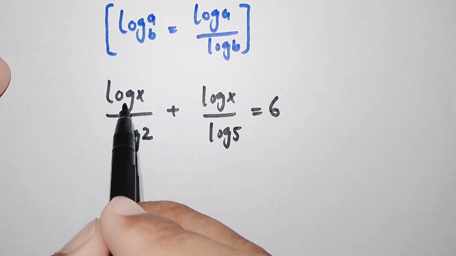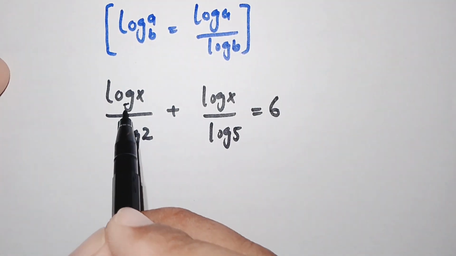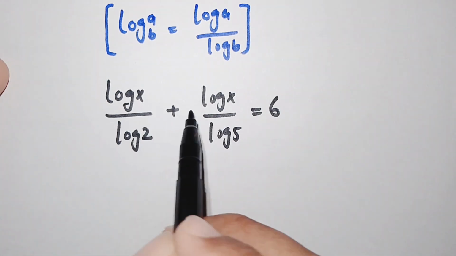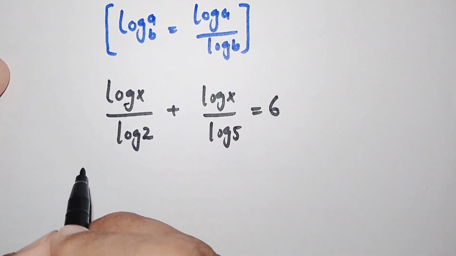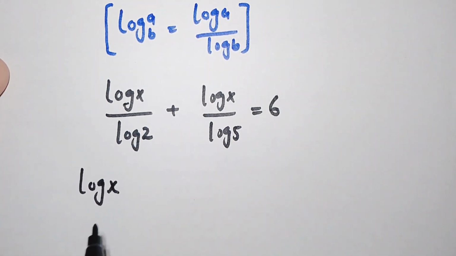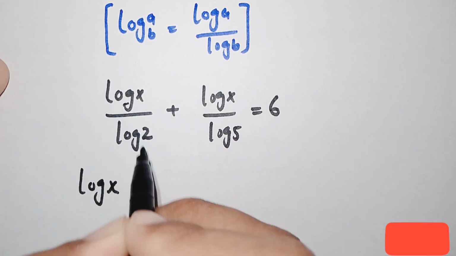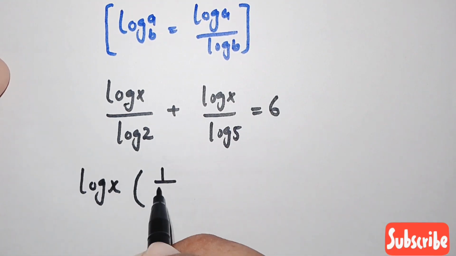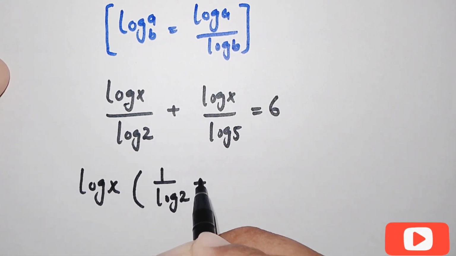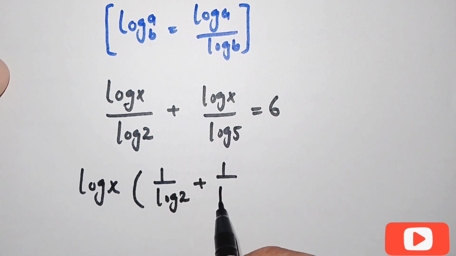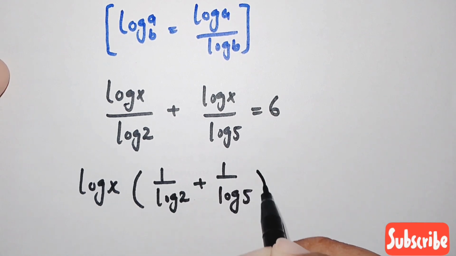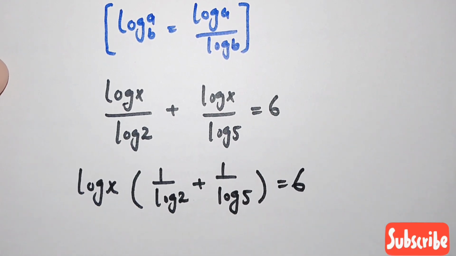Now here log of x is common, so we take log of x common from this. So log of x times 1 divided by log of 2 plus 1 divided by log of 5, which is equal to 6.